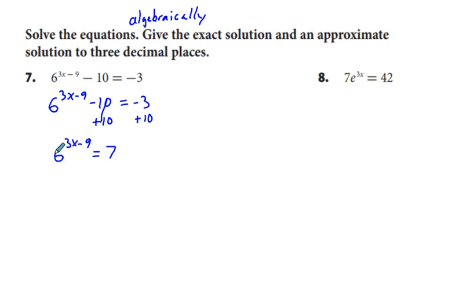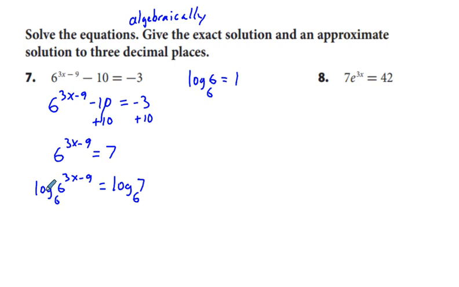Next, we're going to cancel out this 6 by taking log base 6. The principle we're using here is that log base 6 of 6 is equal to 1. So let's write this out. Log base 6 of 6 to the power of 3x minus 9 equals log base 6 of 7.